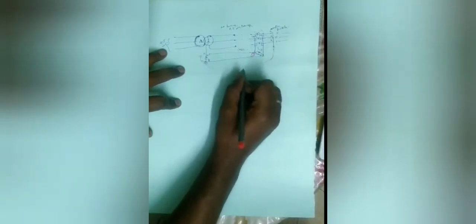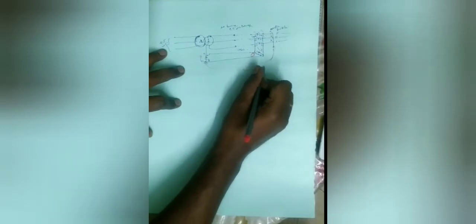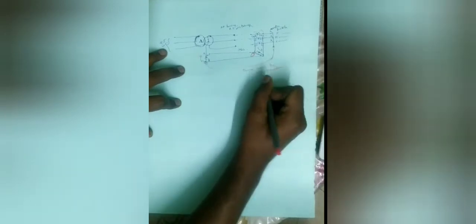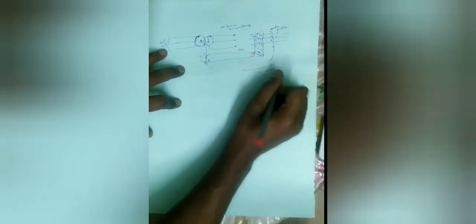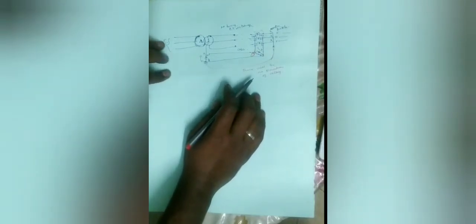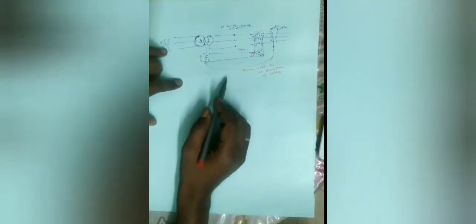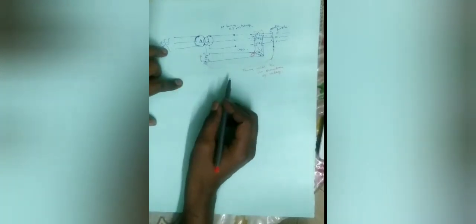Here at the switch, this is another way of doing the stability test, so there will be no operation of the relay. Or you can short it the same way, applying 415 volts.